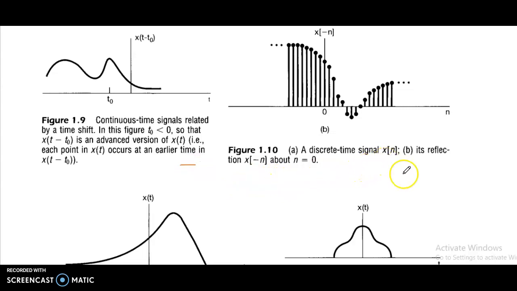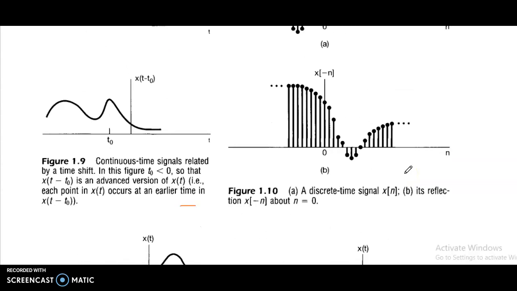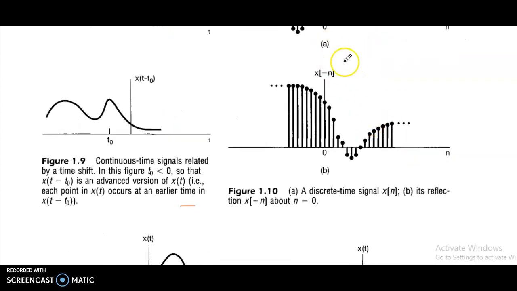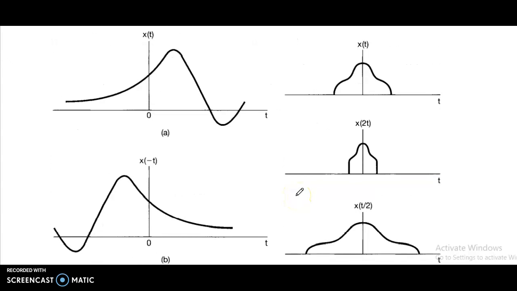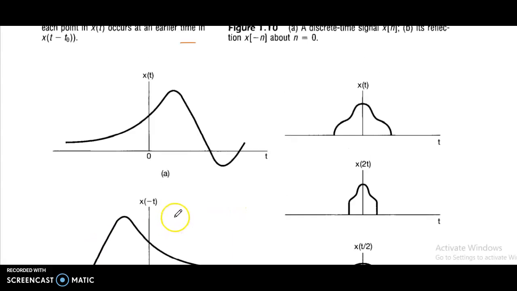Here the discrete time signal x of n is a reflection, x of minus n, about n equal to 0. Similarly, the continuous time signal x of t has a reflection x of minus t about t equal to 0.